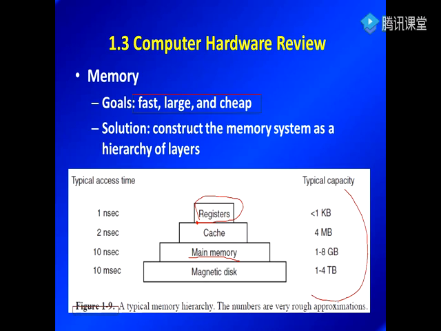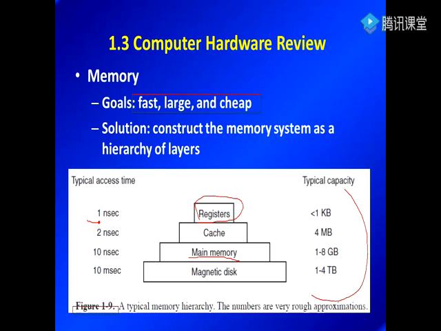CPU registers we can access over the bus. If you want to get some data from a register, you can get it very soon, because the typical access time to a register is 1 nanosecond.